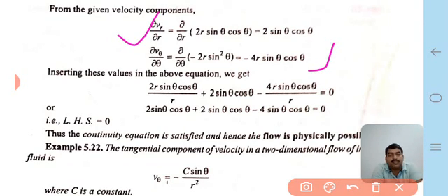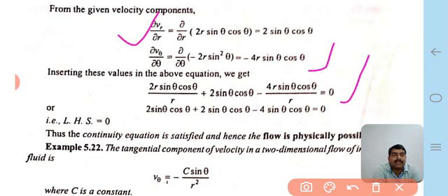Putting these values in the continuity equation, the left hand side is equal to 0. 2 sin theta cos theta plus 2 sin theta cos theta is equal to 4 sin theta cos theta, and it cancels out.